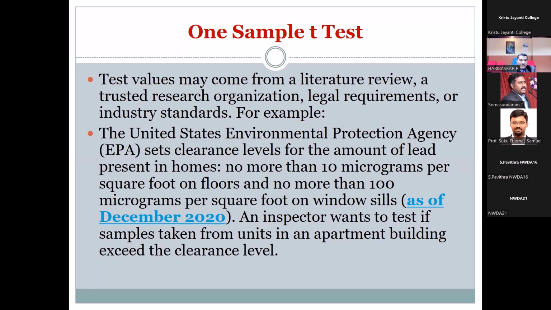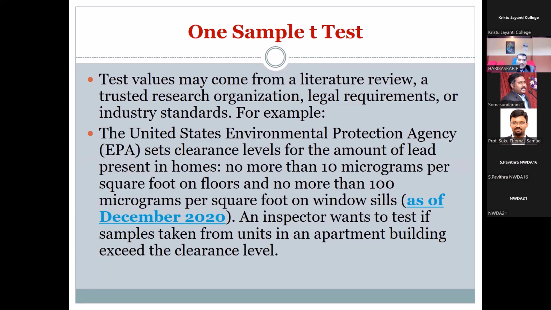For them we have administered some medicines, and we want to test the efficiency of the medicines, whether the patients are cured because of the medicines or not. We'll take some values and check whether those medicines have an effect on that particular sample or not.